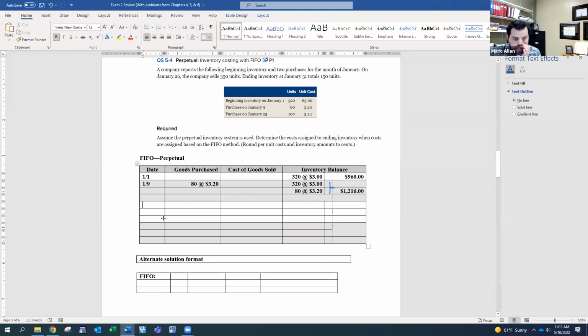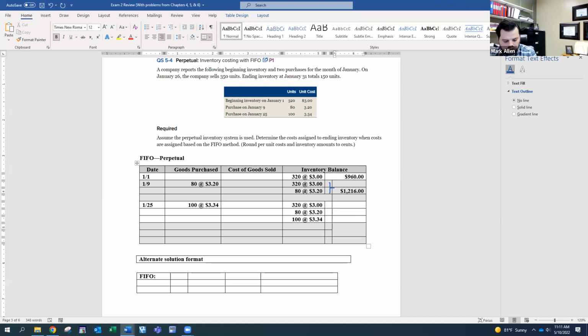Now, the next date that we care about is January the 25th. On January the 25th, we came in and we purchased 100 units at $3.34. Now my inventory balance is comprised of 320 units at $3, 80 units at $3.20, and then 100 units at $3.34.